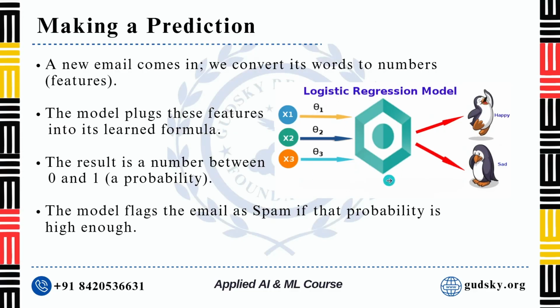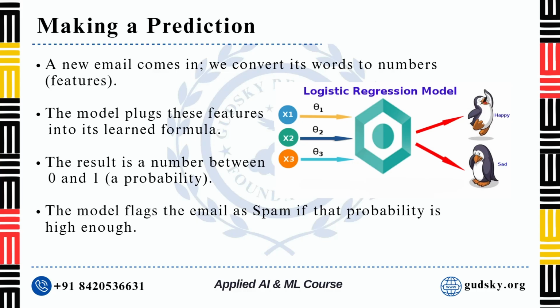Finally, a brand new email arrives. The system first converts the new email into its list of numbers, the numerical word counts. It plugs the numbers into the formula it just learned. The model calculates its final score and pushes it through the S curve.